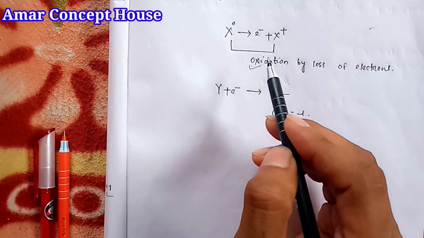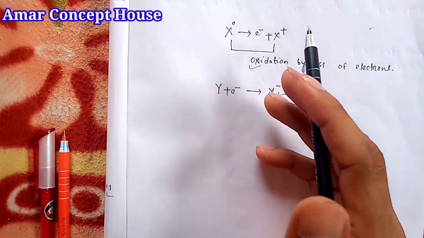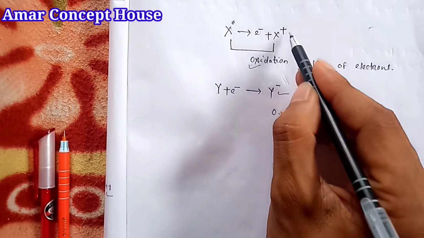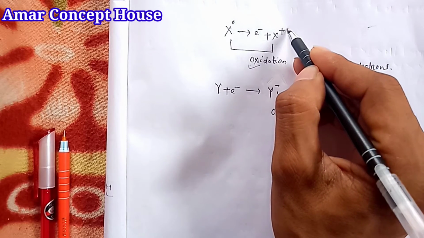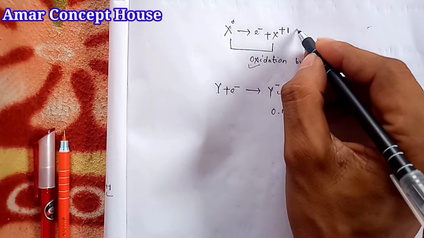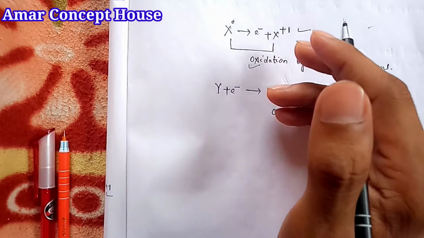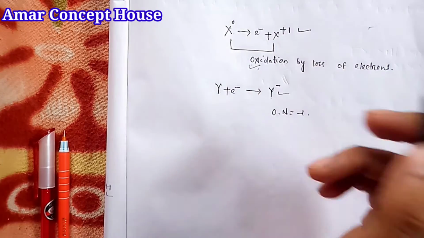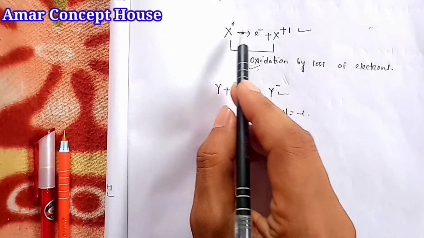In my first video I have already discussed what oxidation number is and how to find it. So +1 is nothing but the oxidation number. That means oxidation number always increases in oxidation, from 0 to 1.